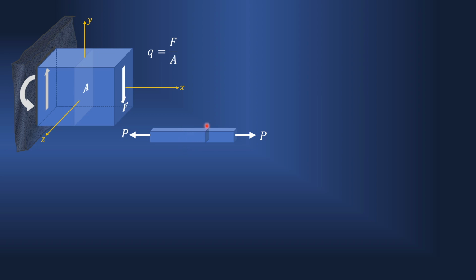We say there is a pull P. Remember now, and this is very important, this force P is rightwards. This force P is leftwards. The body is in equilibrium, that means this rod is in equilibrium. Sum of all forces, so P positive rightwards and P negative leftwards, sum of forces is 0.